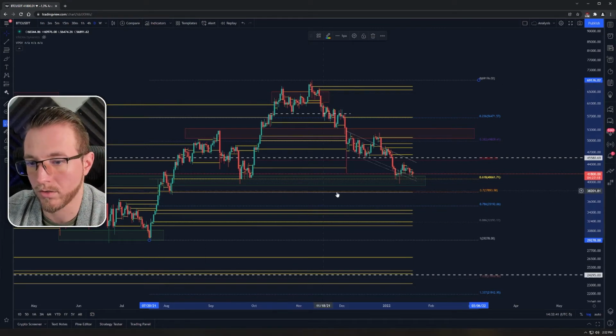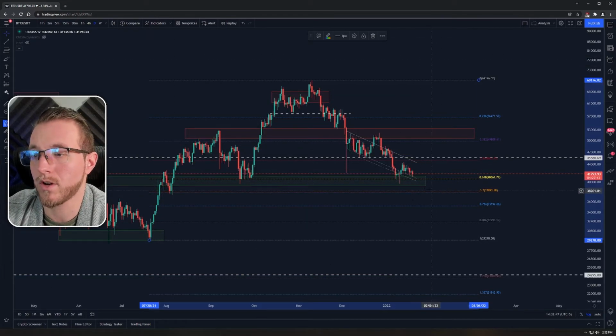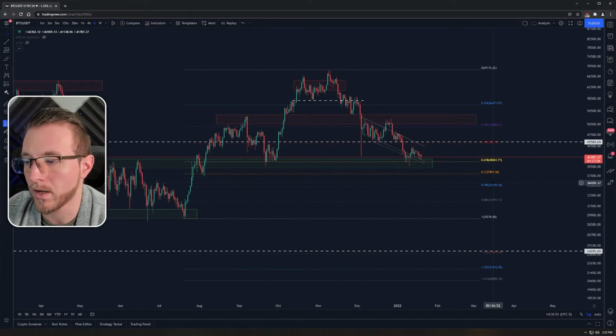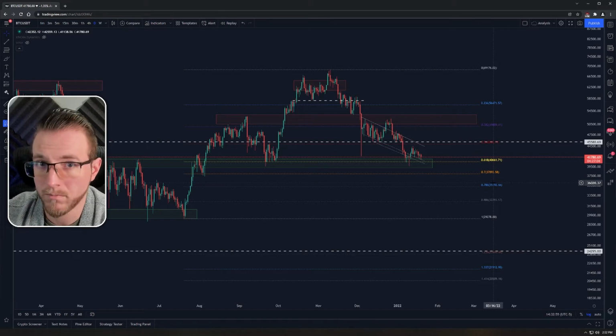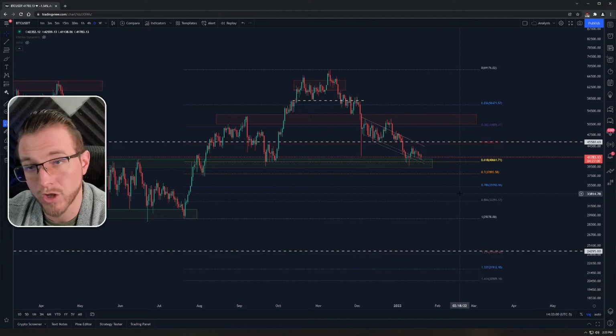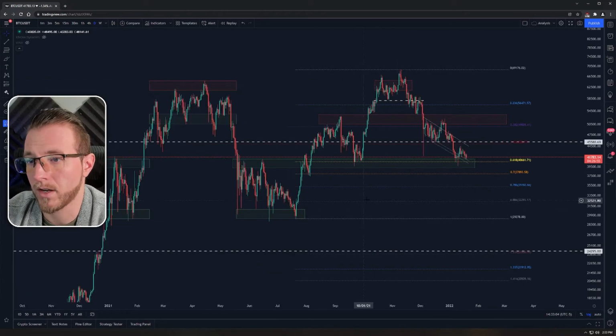See, this yellow line lines up directly with the 70% in the golden pocket. So this is a major area of confluence. This is probably where I'm going to be evaluating before the end of this week as well as next week, adding to my long positions, considering how the volume goes the next few days and how this channel ends up resolving, and start thinking about getting into a position.